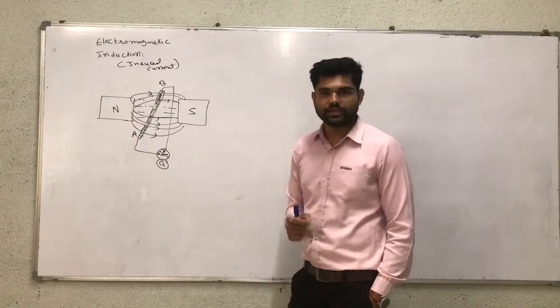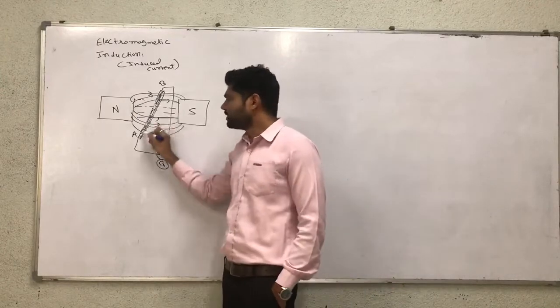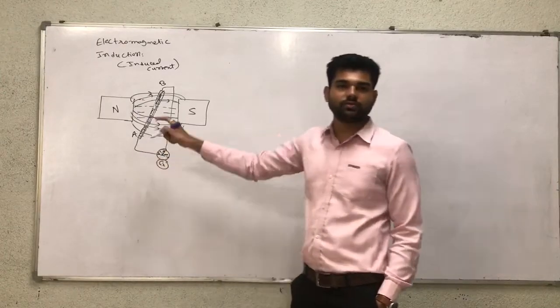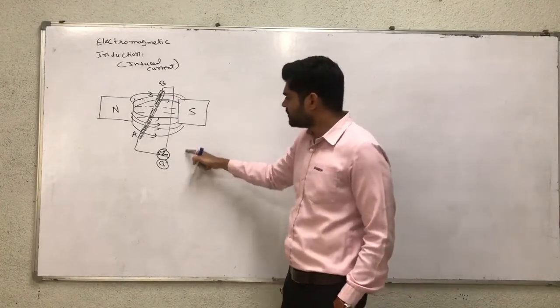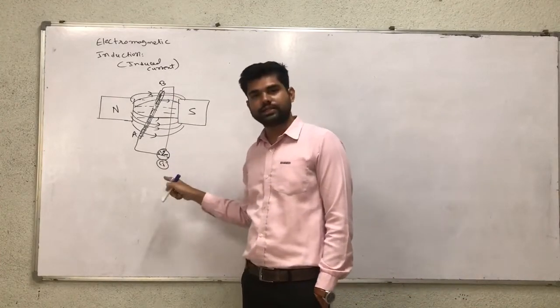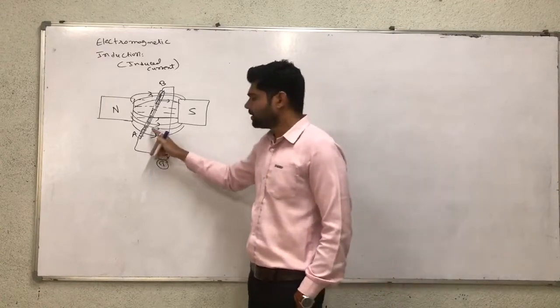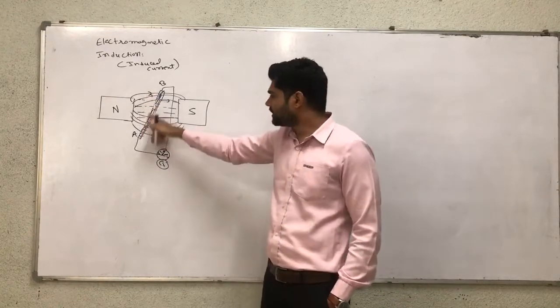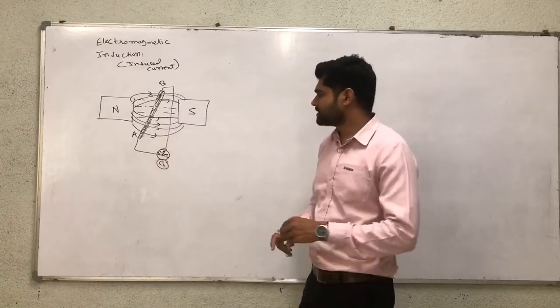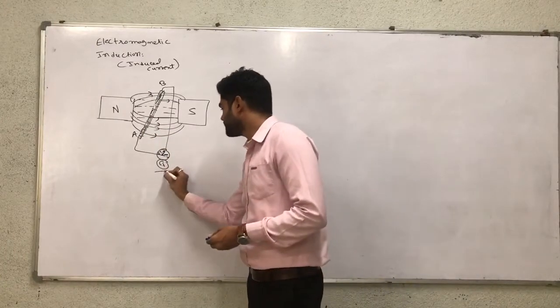Now in this activity we conclude that when the electric rod moves in the presence of a magnetic field, we observe deflection in the galvanometer. But there are two types of deflection. First we move the electric conducting wire in the up direction, and suppose the deflection in the galvanometer is to the right hand side.